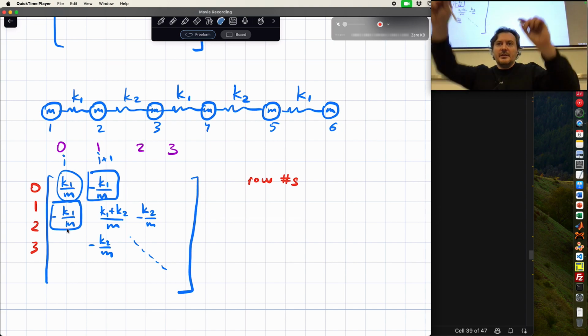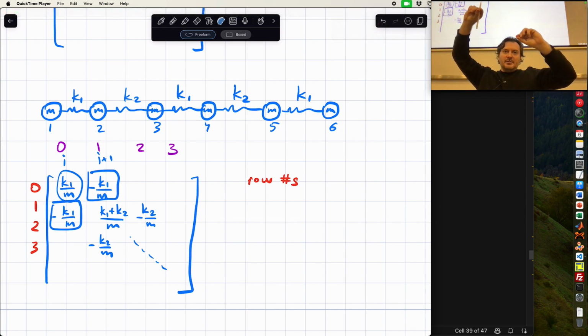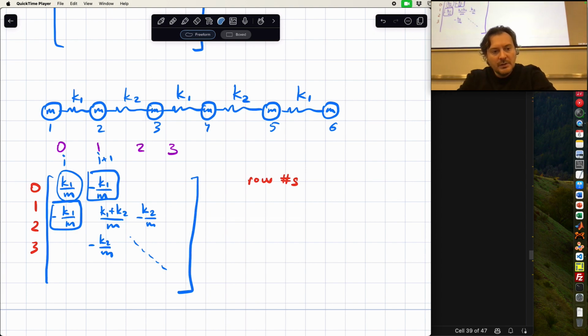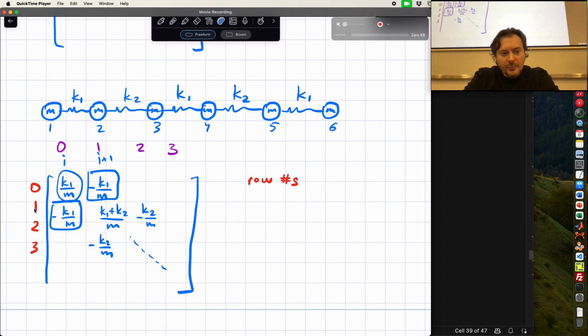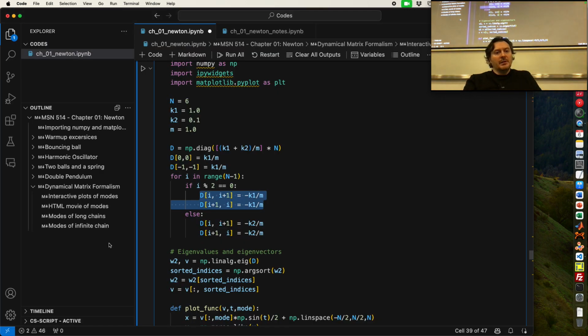Off diagonals are symmetric. Whatever I write here, I write also here. Then I move to the odd one. 1 is odd, right, Hadia? So it's minus k2 over m because 1, 2. And then I also write 2, 1, the same thing. Yes? Good. So I'm doing it for a particular number of atoms, 6 atoms.